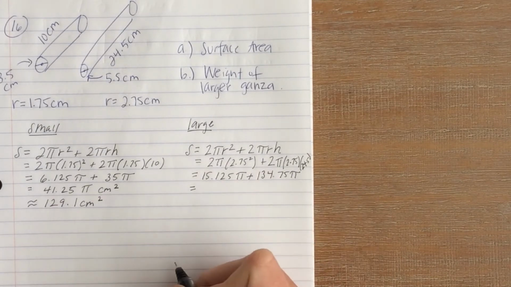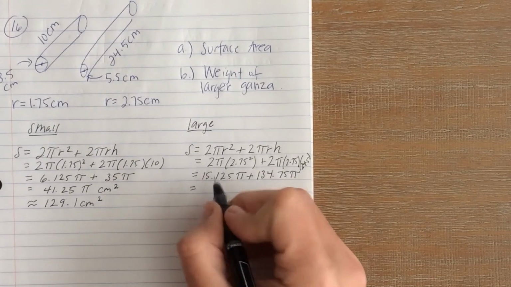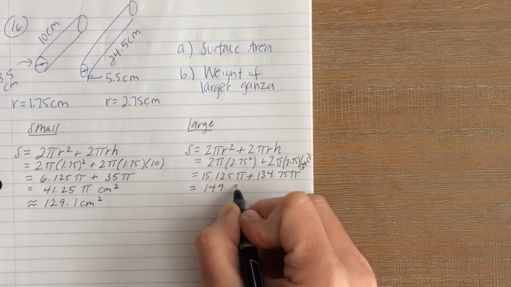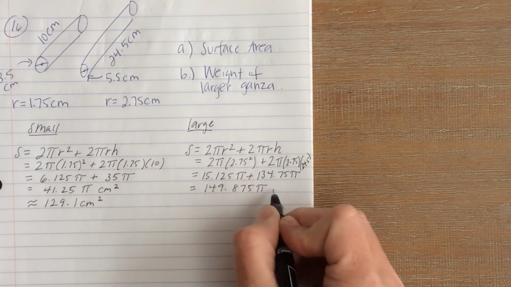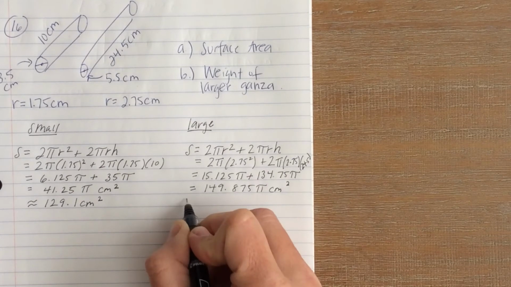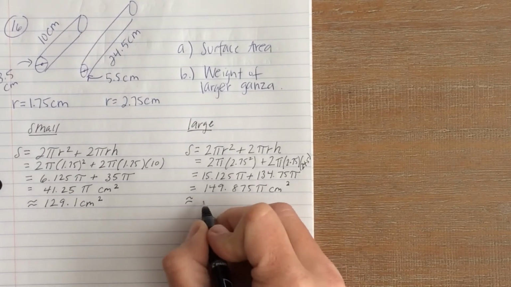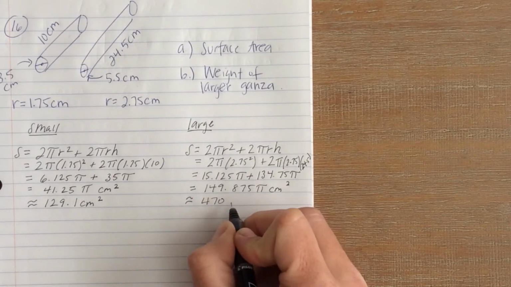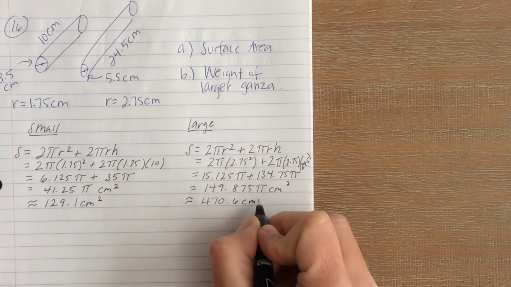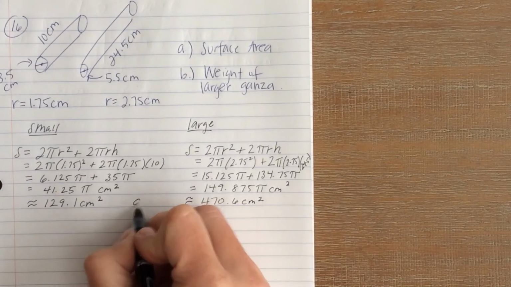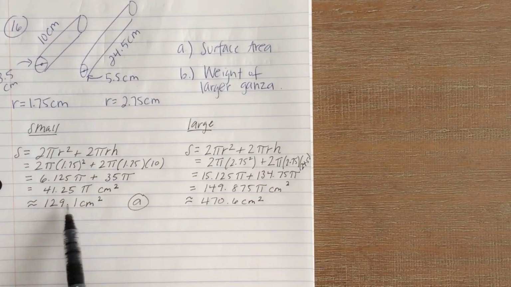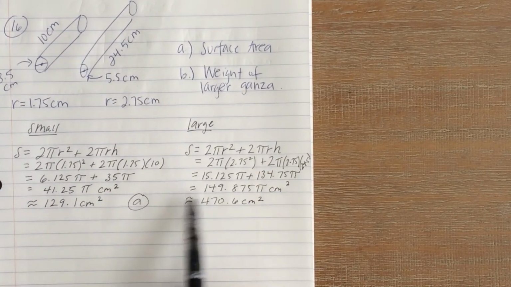So in terms of pi, the surface area of our larger instrument is 149.875 pi centimeters squared, and that's approximately 470.6 centimeters squared. So these are your answers to part A, the surface area of your smaller instrument and the surface area of your larger instrument.